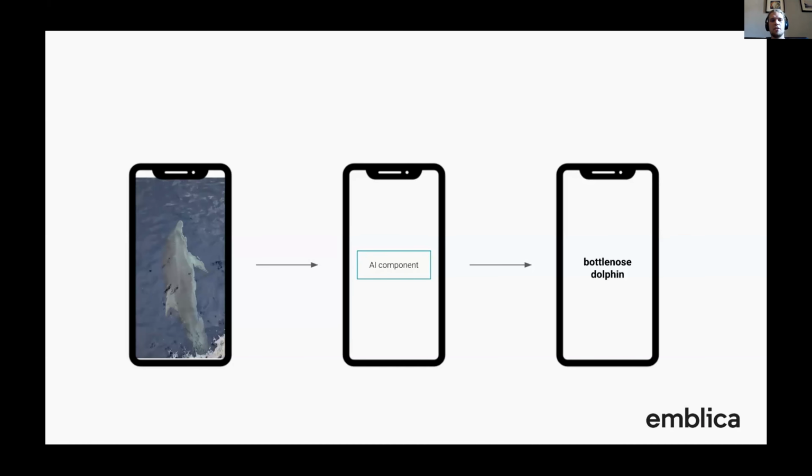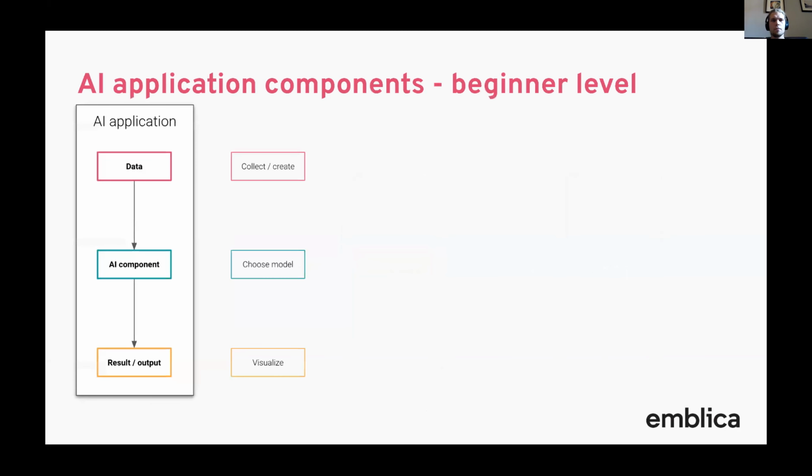Going forward, very roughly, you have some sort of input data, some kind of processing happens by that AI component, and you have some sort of output. This is the backbone of an AI application. It's as simple as that. But how to build one? At the beginner level, there are these three backbone steps.